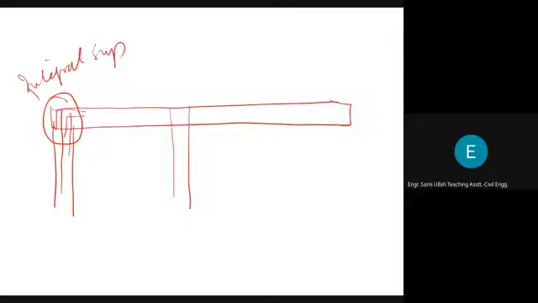There is a wall here, and at the extreme end also there is a wall. So at the extreme end here, the beam is just supported on the wall. There is no connection between the wall and the column. This is called a simple support.